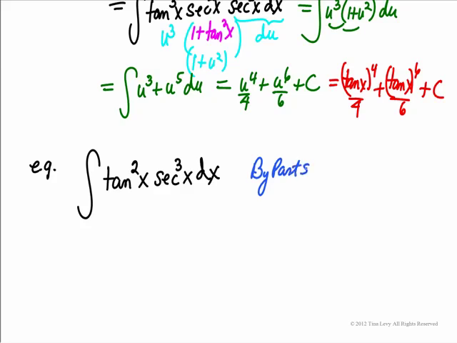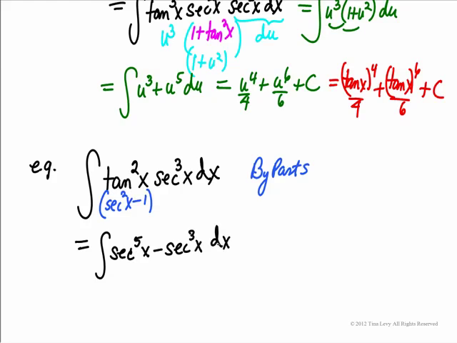But before we do by parts, we are going to use an identity. We're going to change tangent squared to secant squared minus 1. Doing this, this becomes the integral of secant to the 5th x minus secant to the 3rd x dx.